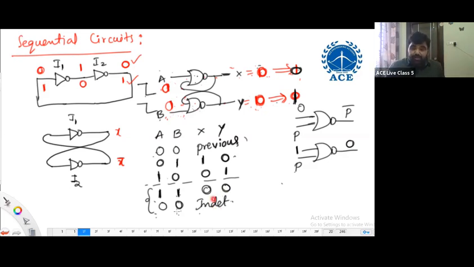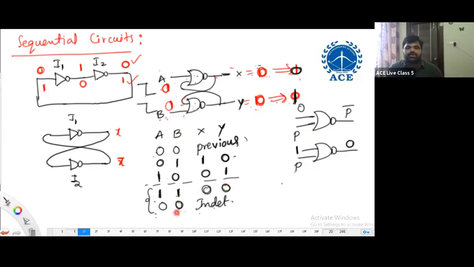When you are trying to remember by applying 0 0, what will be remembered at X and Y? If you are considering X is the data, is X 0 or 1? Which one is correct? We cannot say. The contents of the memory element, is it 0 or 1? Cannot be determined. That is called indeterminate. I hope you are following. When you are applying 1 1, you see uncomplementary outputs.